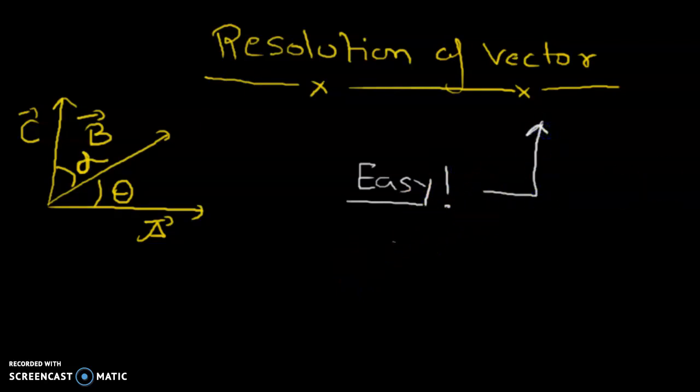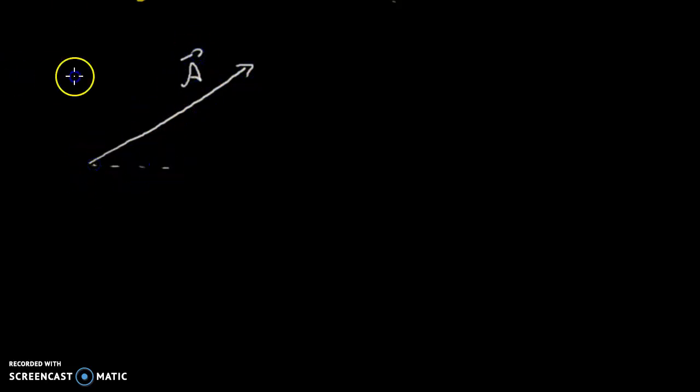So what is the resolution of a vector in the first place? Say for example, this is a vector, and you can consider the x-axis and y-axis yourself. This is a vector A making an angle theta with the x-axis.